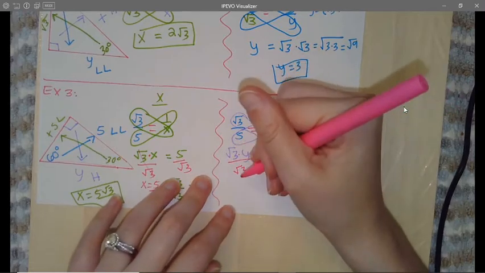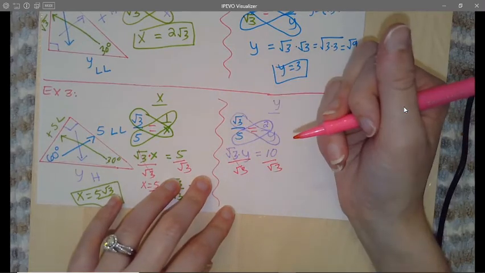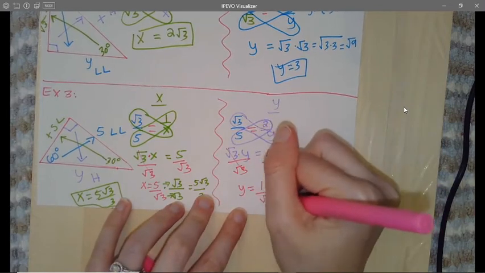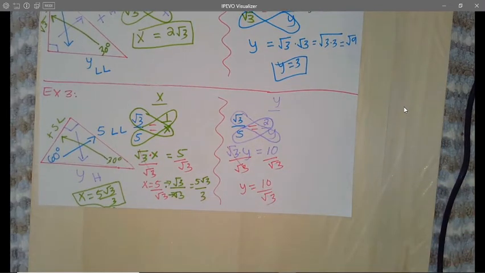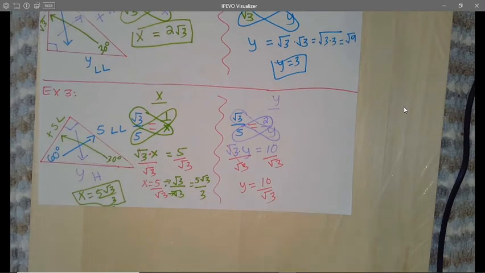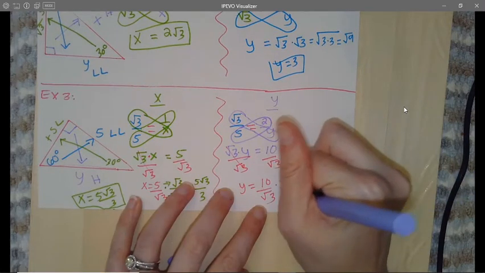The root 3 and the root 3 will cancel out and turn to 1. So we're left with y equals 10 over root 3. But holy hot dog, you guys, we can't have a radical in the denominator. So we need to rationalize the denominator by multiplying the radical to the numerator and the denominator. So I'm going to multiply the root 3 to the numerator and the denominator.